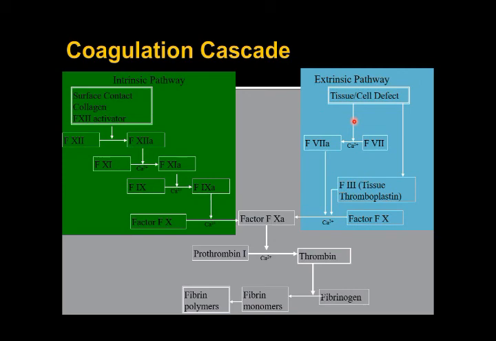So any number of things that will damage endothelial cells or irritate those endothelial cells potentially will activate the extrinsic pathway. So think about a complicated plaque with atherosclerosis. The formation of a fatty streak and an atherosclerotic plaque damages and irritates those endothelial cells.